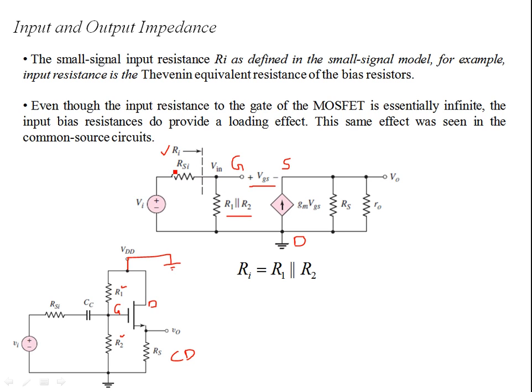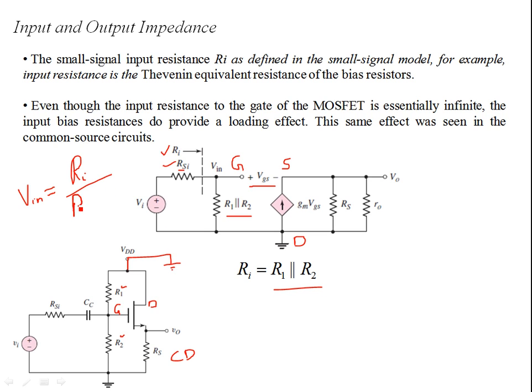We talked earlier in part 44 that if the output resistance of the source, RSI, is small, a low resistance, then the loading effect is small. That means if you write Vin in terms of the voltage divider, Vin can be written as Ri, which is the Thevenin input impedance of the amplifier, or the equivalent Thevenin resistance of the biasing resistances R1 and R2 in parallel.